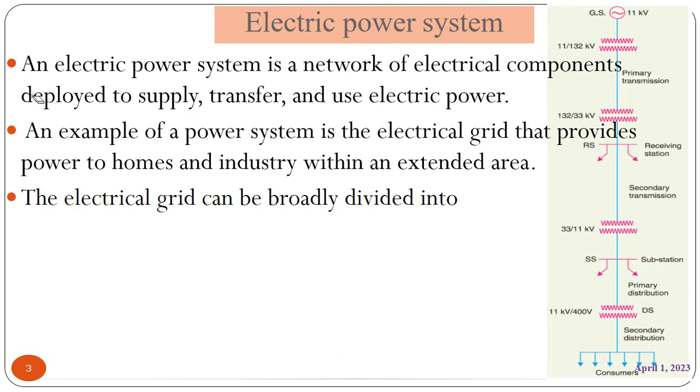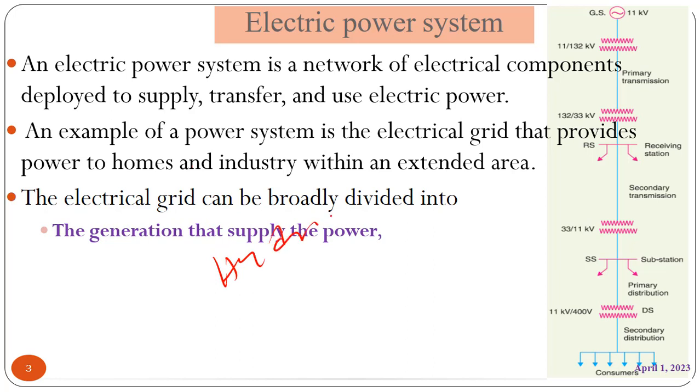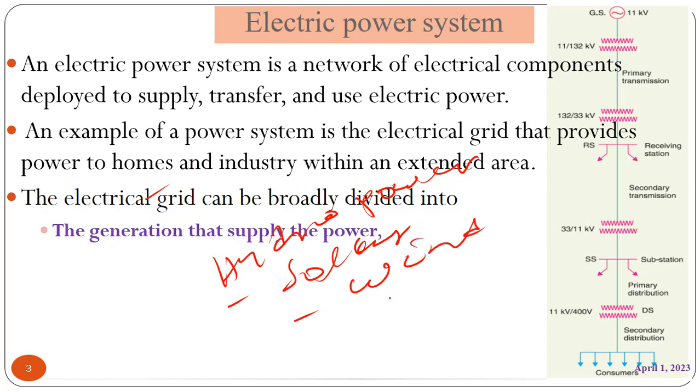The electrical grid can be broadly classified, first, as the generation that supplies the power. Generation may be hydropower, solar, wind, thermal, and sea.